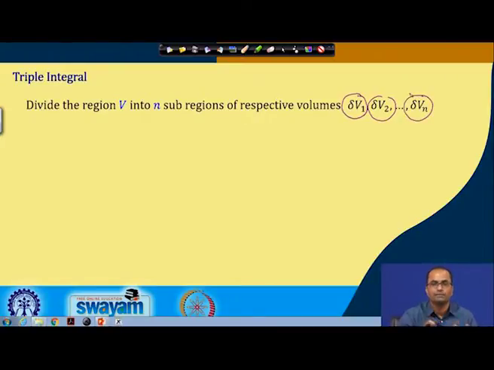For each region we are denoting its volume by delta V 1, delta V 2 and delta V n.